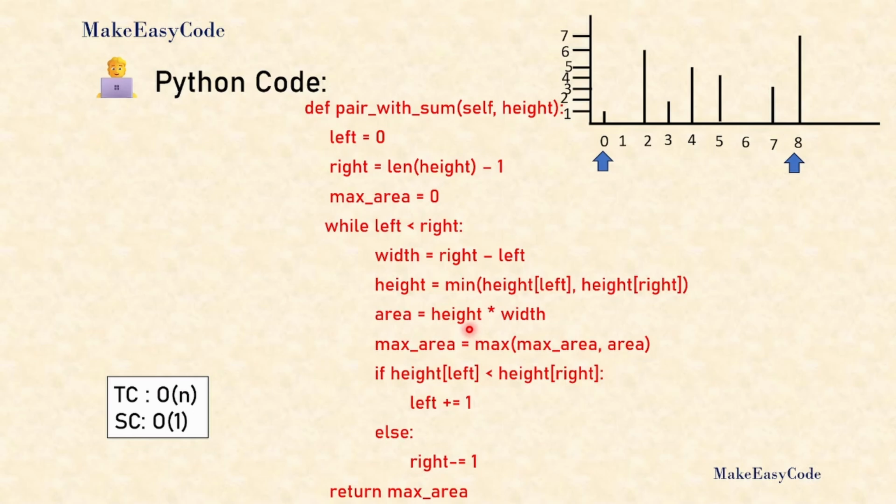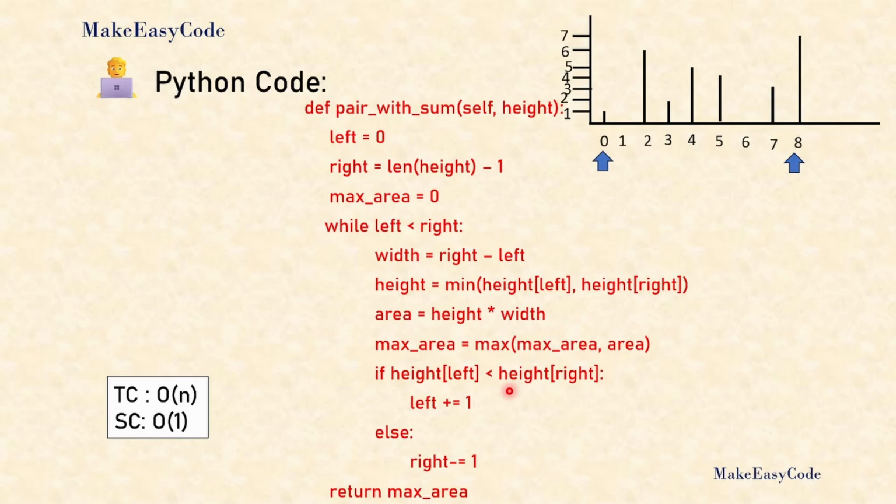Then we check if this area is larger than max area. If so, we update our maximum. Hope you are clear up to this. Now here is the trick. We always move the pointer that is pointing to the smaller line inward.